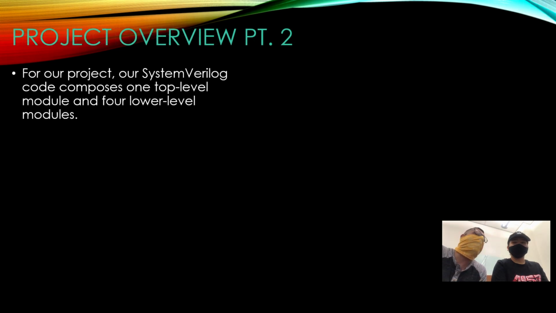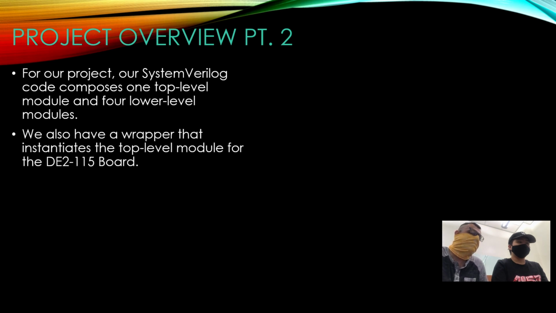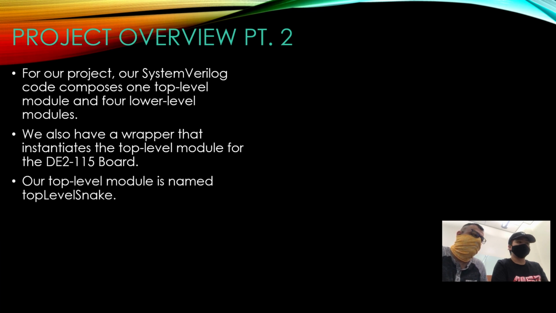And now we're going to talk about the specifics of the SystemVerilog code for the project. Our code was composed of one top-level module and 4 lower-level modules. We also have a wrapper that instantiates the top-level module for the DE2-115 board. Our top-level module is named Top-Level Snake.